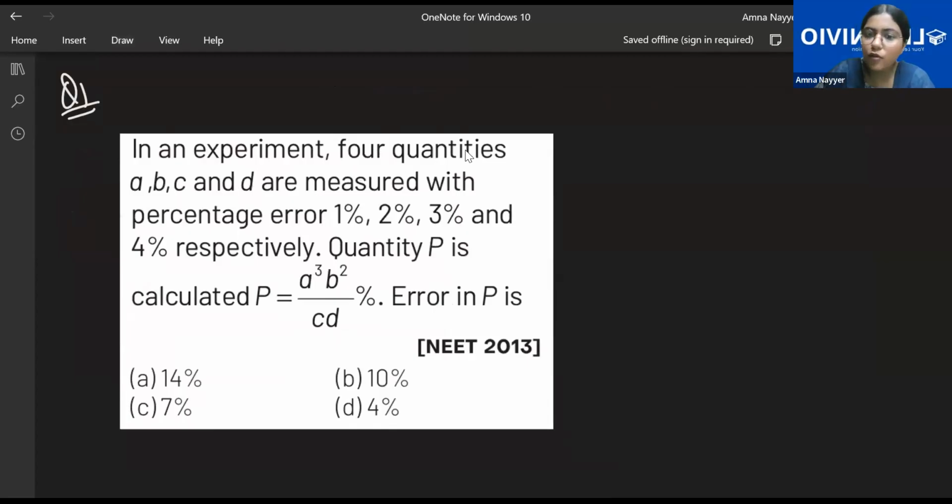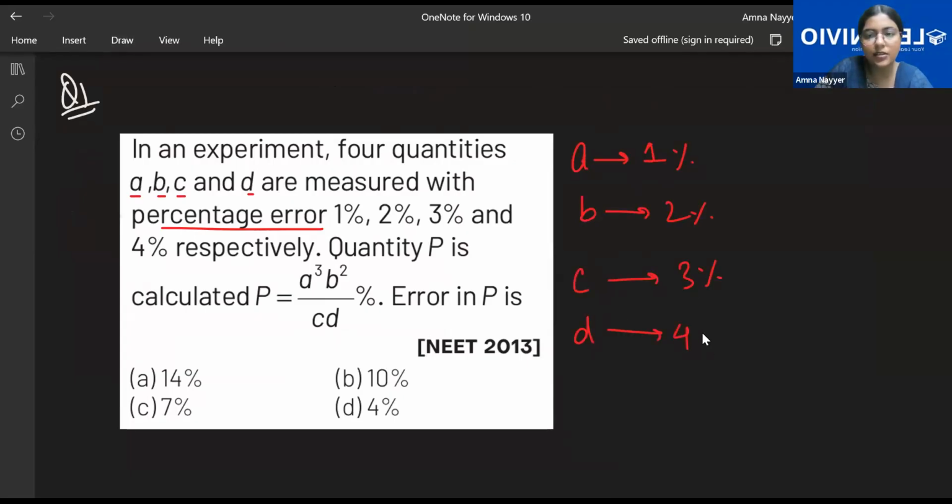It is in an experiment. Four quantities are there, A, B, C, D. They are measured with percentage error. Now directly you have the percentage, no fractional and all required. So for A, it's given as 1%, B is given as 2%, C is given as 3%, and D is given as 4%.